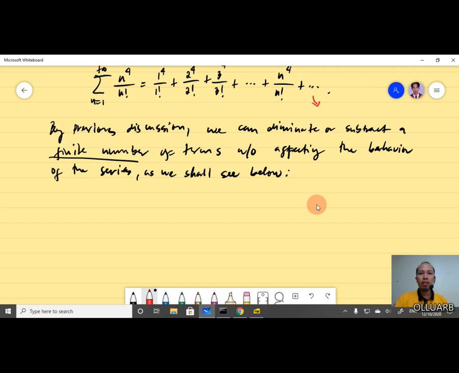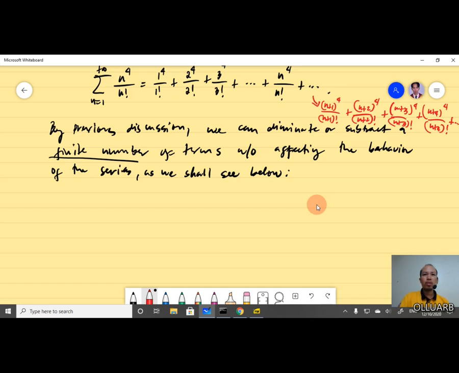After n, you can have n plus 1 to the 4 over n plus 1 factorial, right? And then you have n plus 2 to the 4 over n plus 2 factorial plus n plus 3 to the power of 4 over n plus 3 factorial plus n plus 4 to the 4 over n plus 4 factorial, and so on.